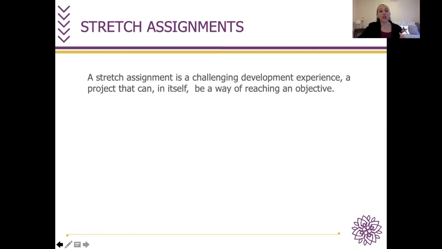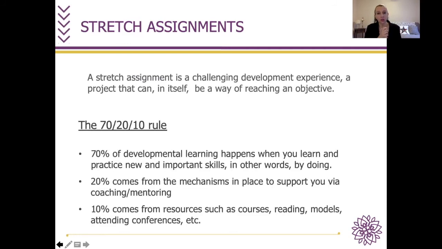So whenever you're developing a stretch assignment, you need to think about the 70-20-10 rule. So 70% of all the learning, the development that we get as individuals happens from doing it. So it happens on the job by trying out new things, by having feedback and by learning from mistakes. So 70% is in what it is that I'm actually doing, what it is that I'm actually practicing.